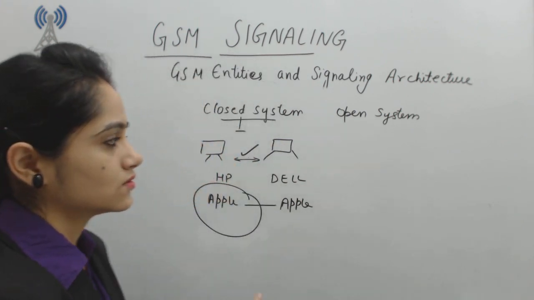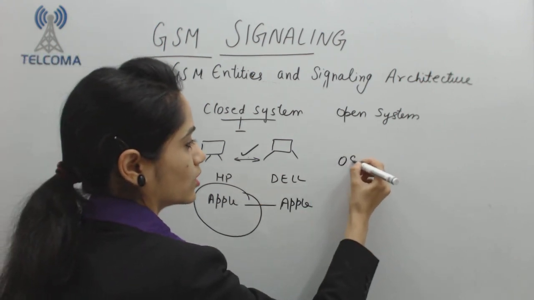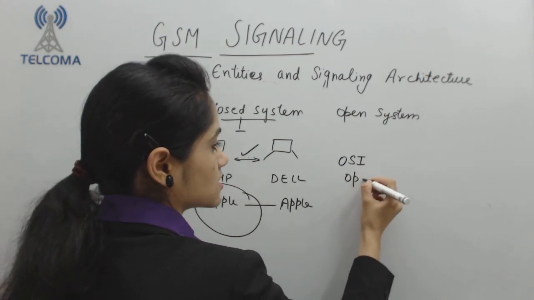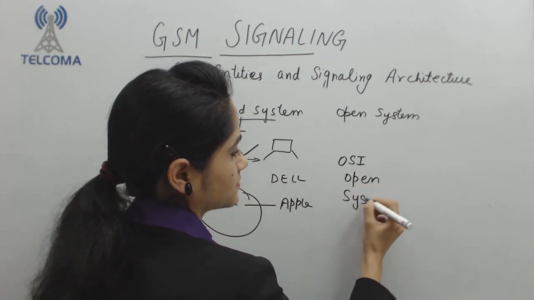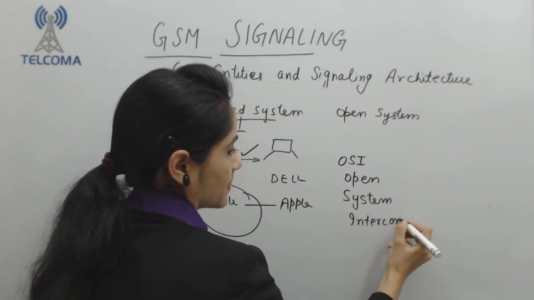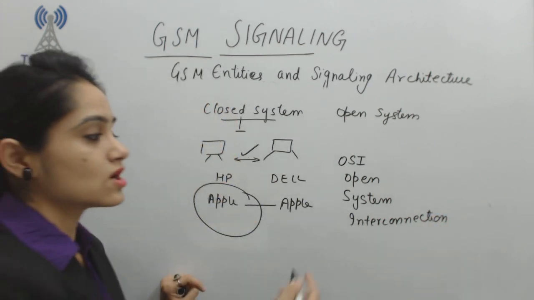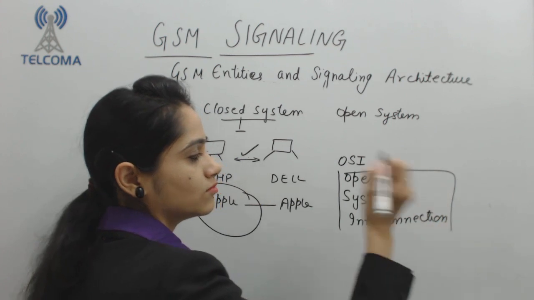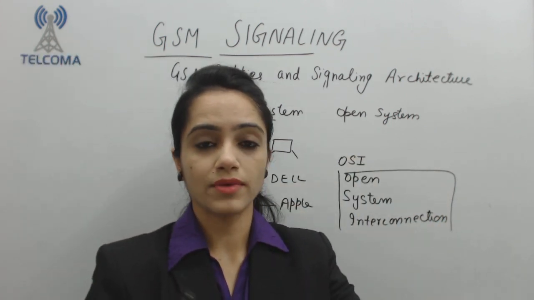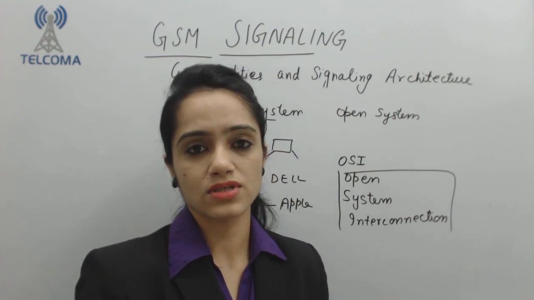In order to make these closed systems open, we require a model, and that is the OSI model, where OSI is Open System Interconnection. That's why it is named the Open System Interconnection model. Like in GSM, if we require to call from Airtel to Airtel, Reliance to Reliance, that means Airtel is a closed system, Reliance is a closed system.